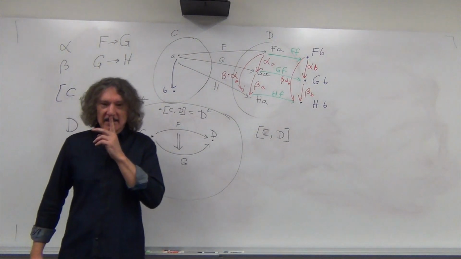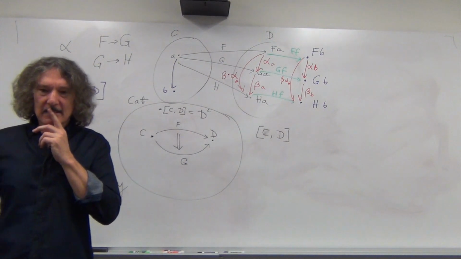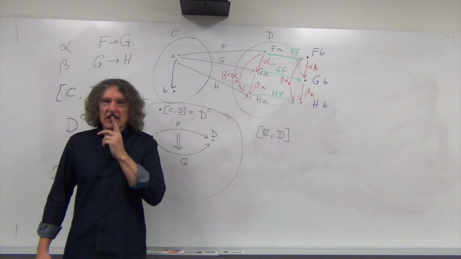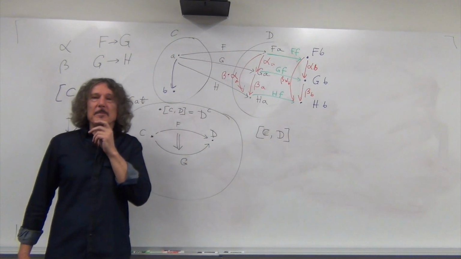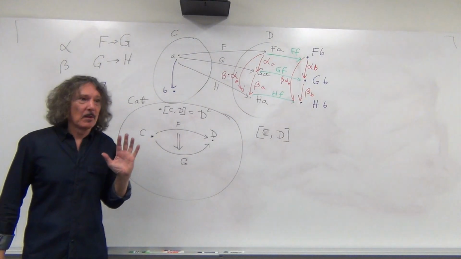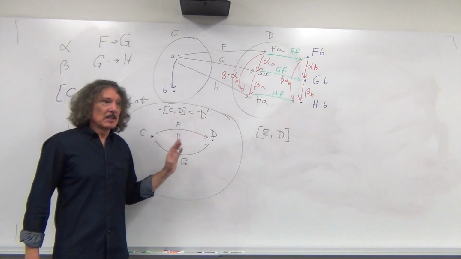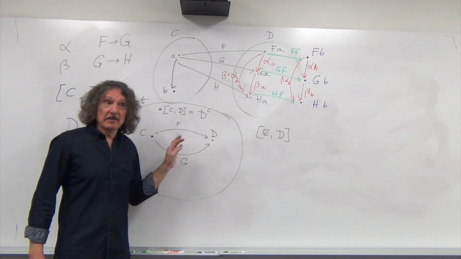But then, once you see this, the next question is, okay, is this a normal thing? Is this just one special example of a category in which a hom set is actually an object from a category?